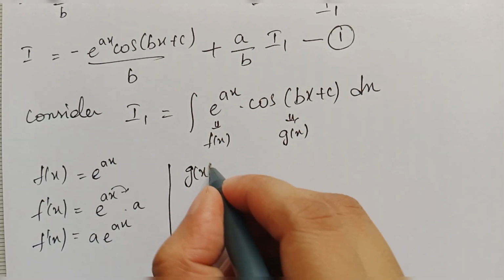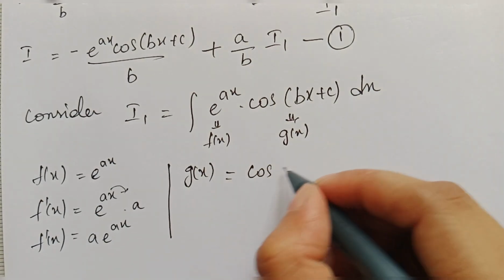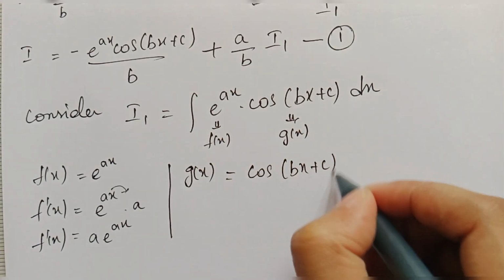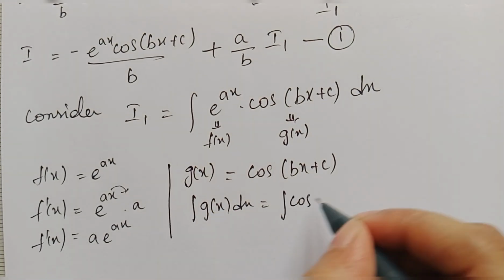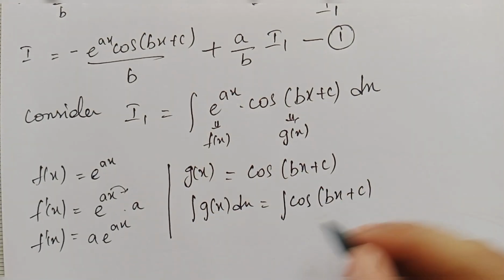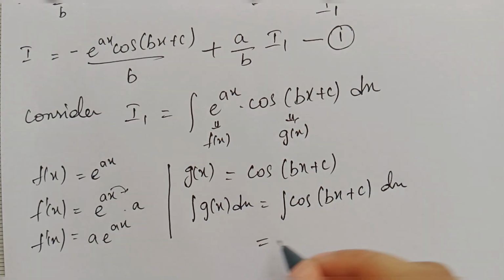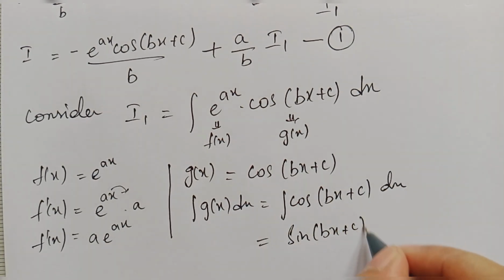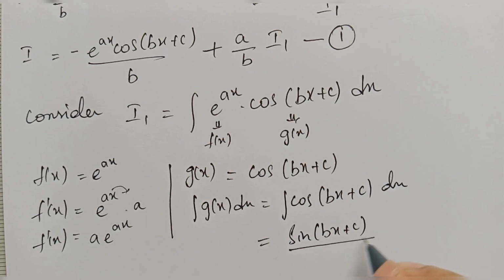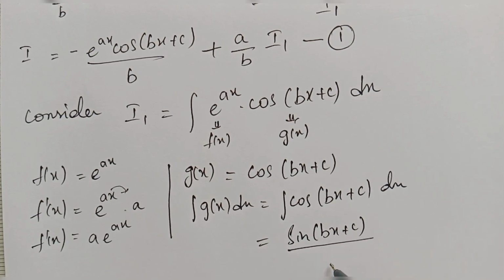The integral of g(x) we have to find. So g(x) is cos(bx + c). The integral of g(x) dx is equal to the integral of cos(bx + c) dx, which is equal to sin(bx + c). This is not just x, so we should write the differentiation of this term in division form.